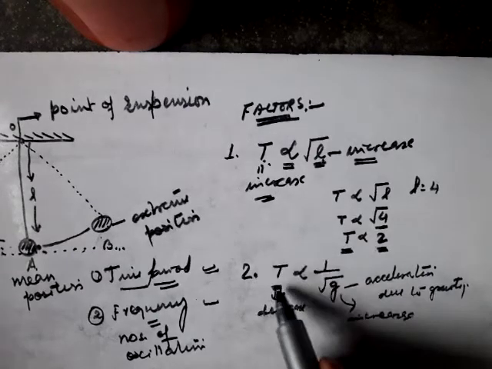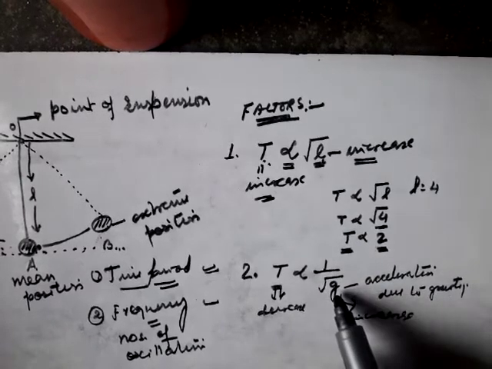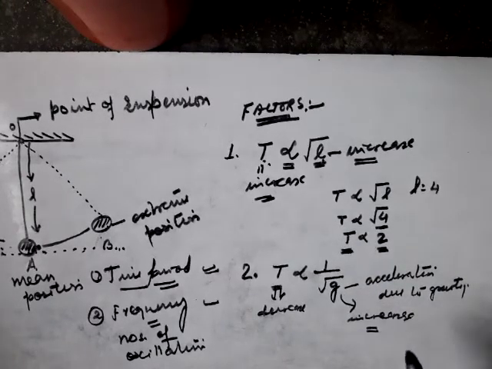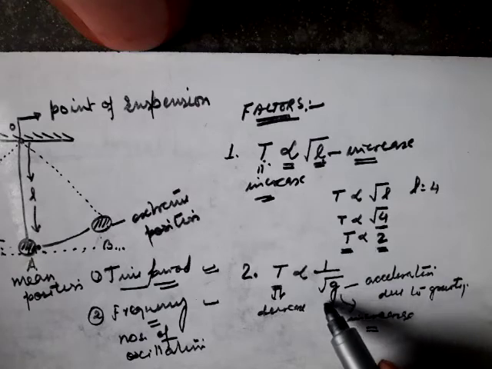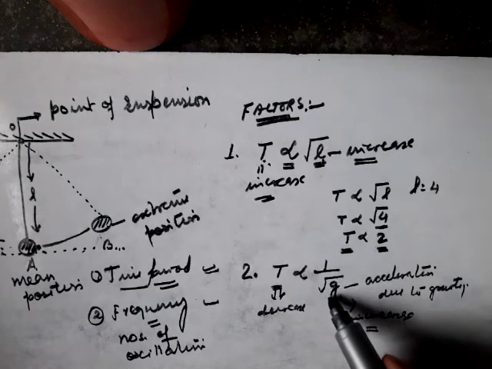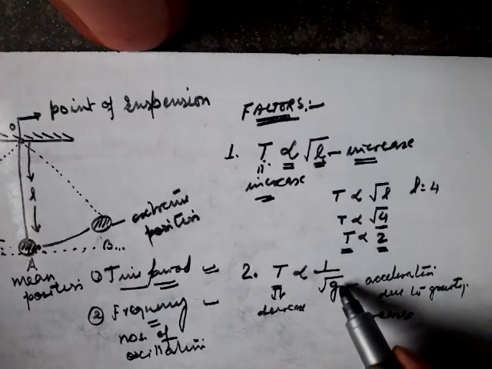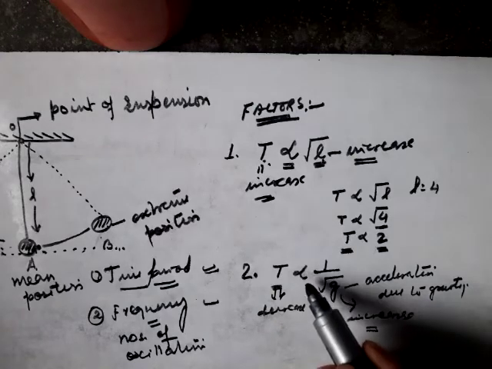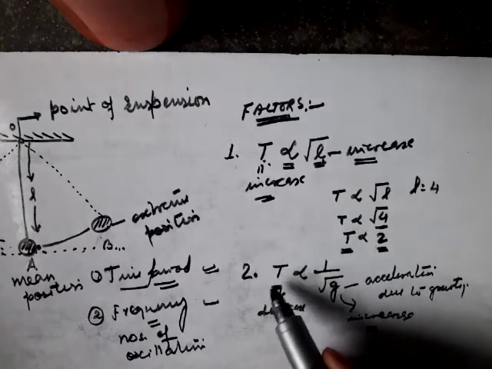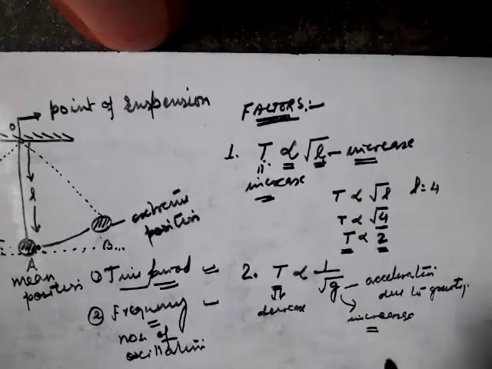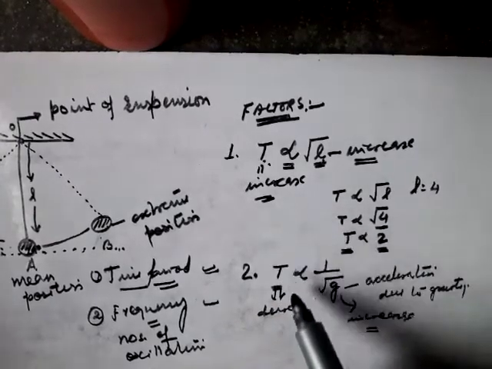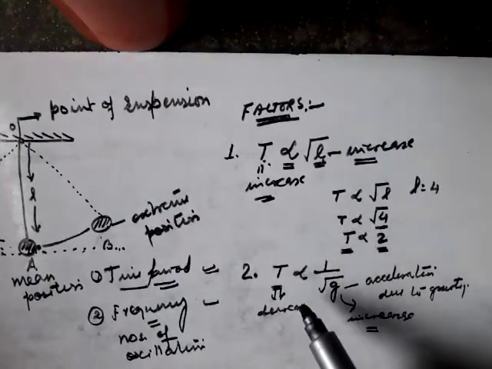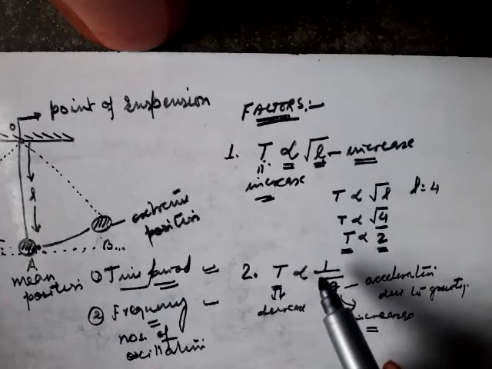But the condition is the square root: whatever the value of g, first we find its square root, and at that rate the time period will increase or decrease. So these are the two factors on which the time period of any simple pendulum depends.